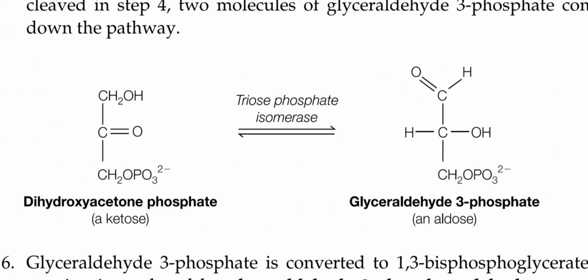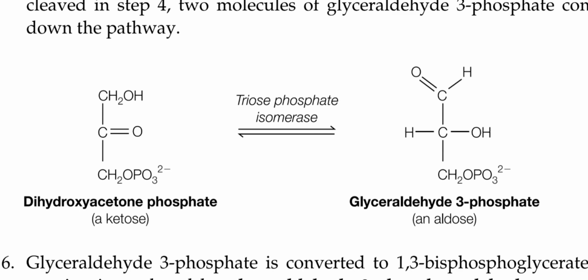The dihydroxyacetone phosphate is going to be converted into glyceraldehyde 3 phosphate by the enzyme triose phosphate isomerase. It is an isomerization reaction in which this carbonyl is going to move towards carbon 1, so it is transported to the terminal carbon and we get glyceraldehyde 3 phosphate.